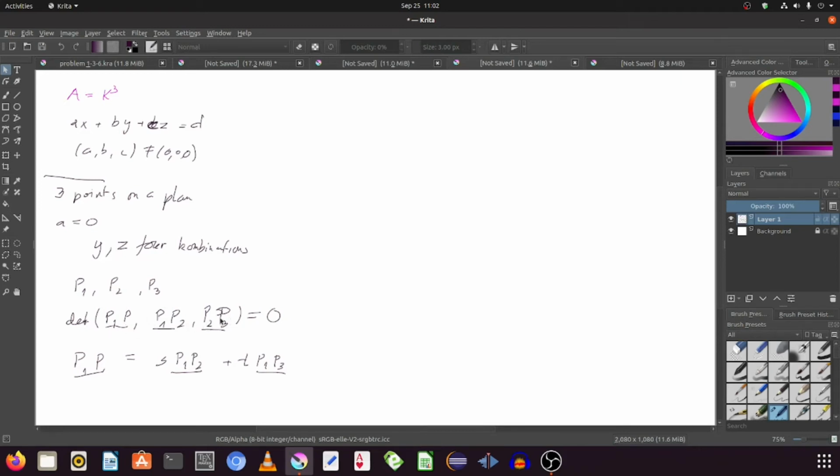So given a solution to this equation, then we have to solve for s and t. And we have the determinant vanishing. We have to solve. Let's write up the three equations and see what happens.